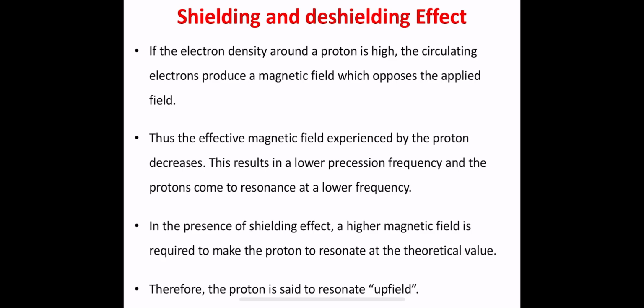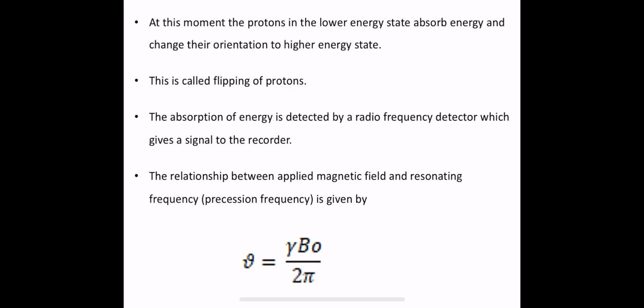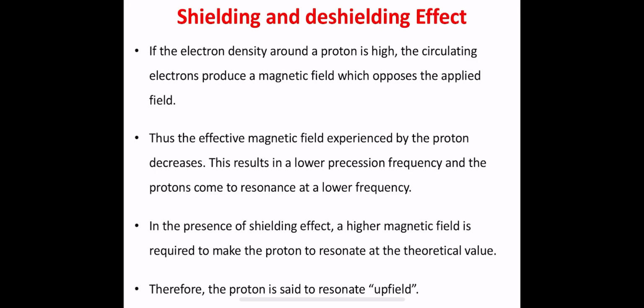Now what is meant by shielding? As I told, the precession frequency of a bare proton can be calculated theoretically using the equation nu equals gamma B naught divided by 2 pi. This is for a bare proton. Bare proton means it doesn't have any electrons revolving around it. It is one single proton.